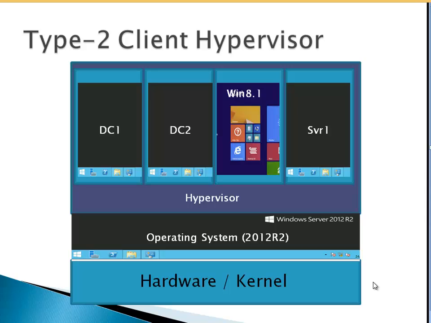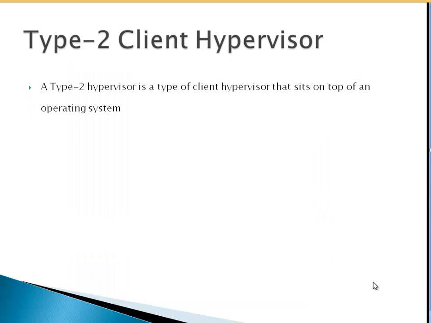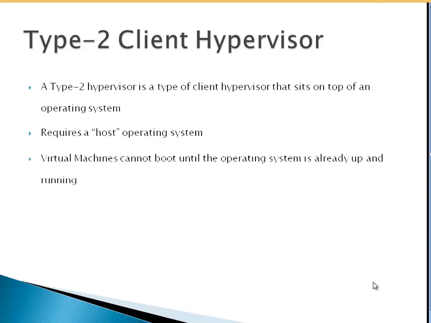You will have hardware. On the hardware we install the operating system, which is called the host operating system, and then on the host operating system we install the hypervisor, which enables us to install different virtual client operating systems. A Type 2 hypervisor is a type of client hypervisor that sits on top of the operating system and requires a host operating system.